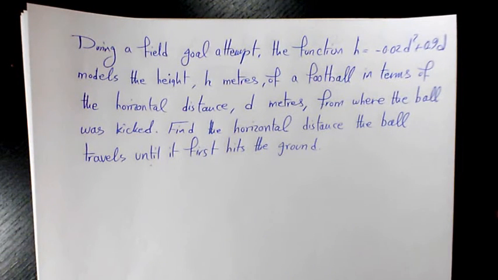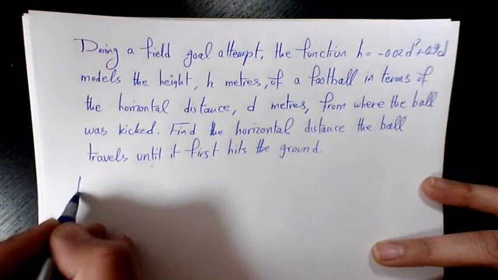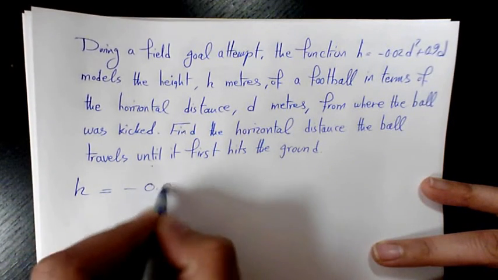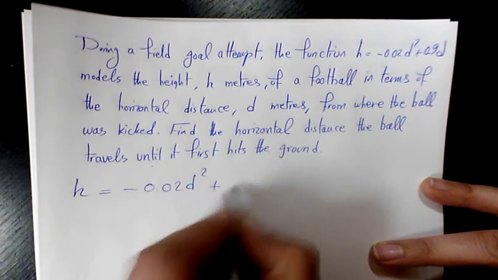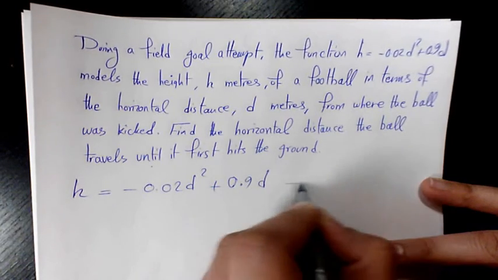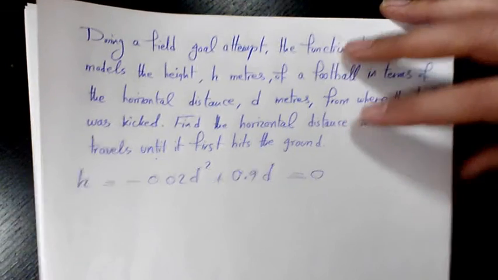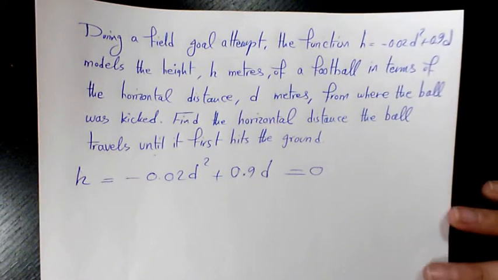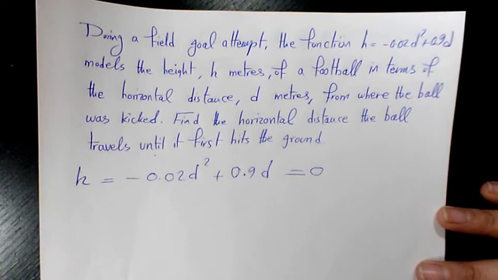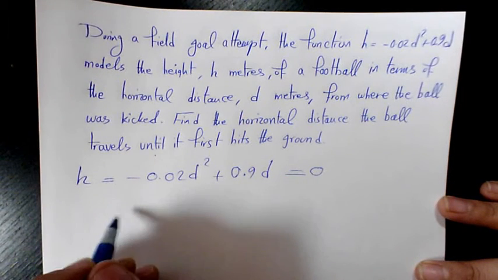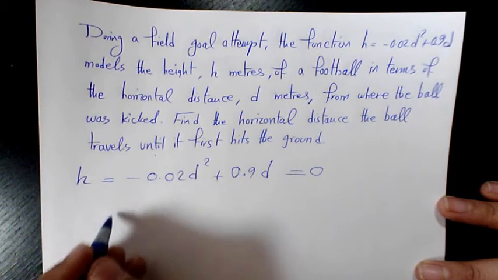This is very similar to the first example. So h, negative 0.02 d squared plus 0.9 d, has to be equal to 0, and then we solve it. We need to find two d's, and the distance between these two d's is going to be the whole distance it travels. So I'm going to basically factor it.